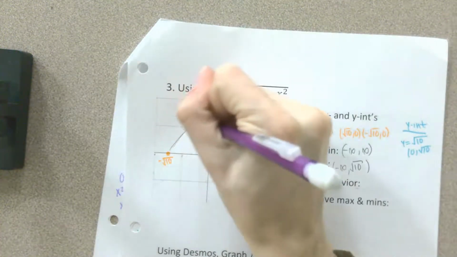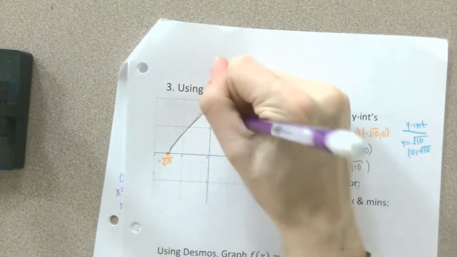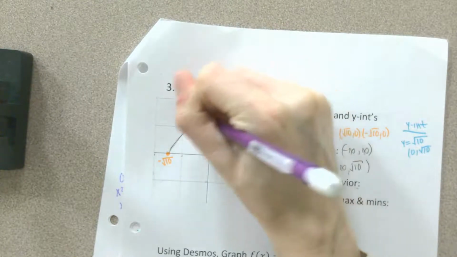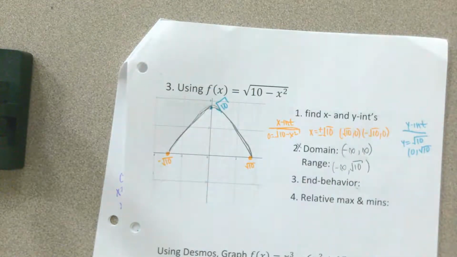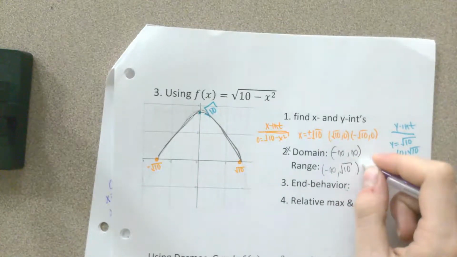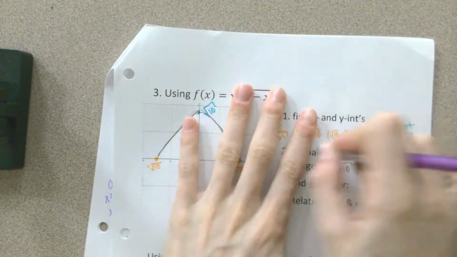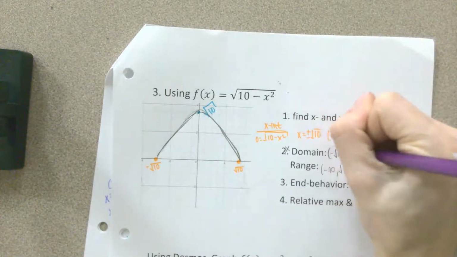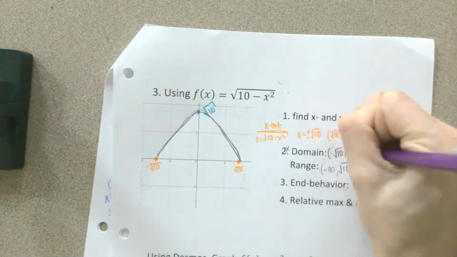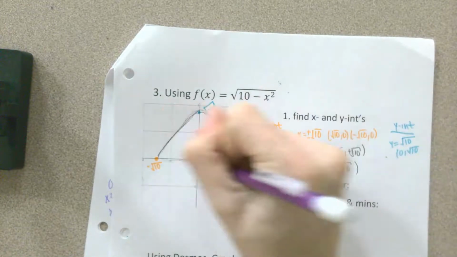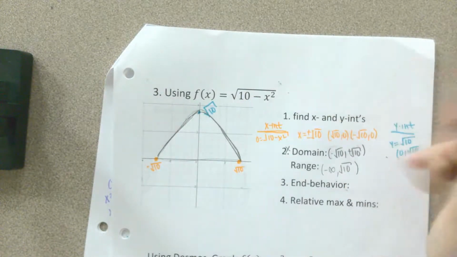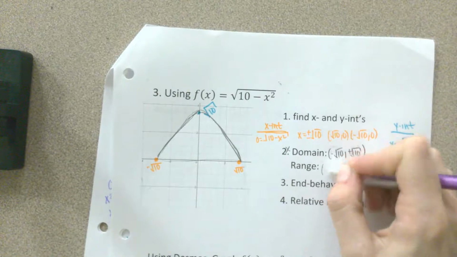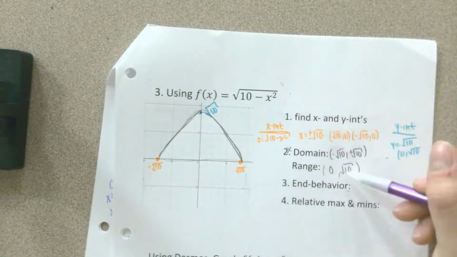Since we have a square root, we cannot enter negative values. So our domain is actually, good thing I wrote in pencil, negative root 10 to positive root 10. Those are our x values. Our range is from 0 to root 10.